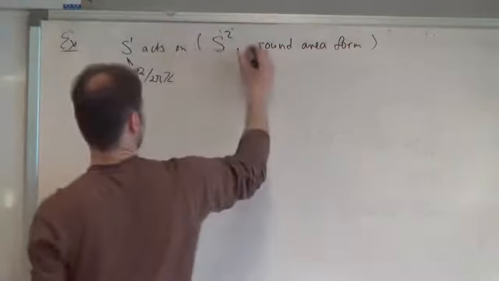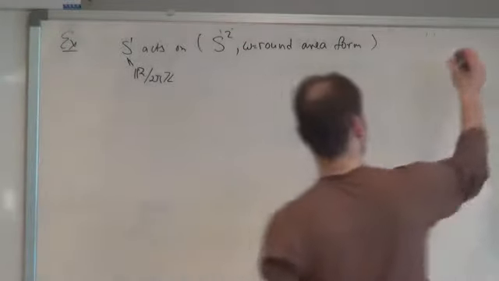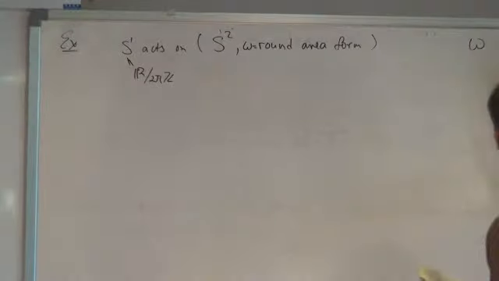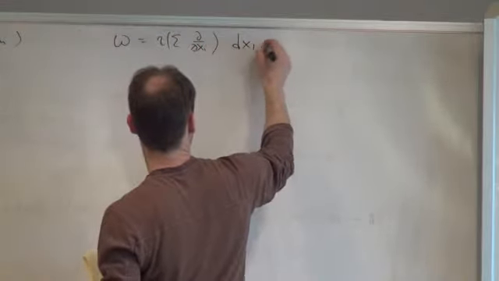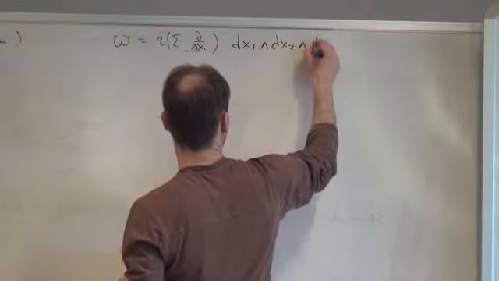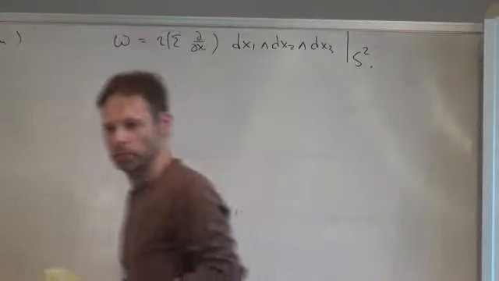So the symplectic form that I want to take is just, well, let's see, I can take the contraction of dx1 wedge dx2 wedge dx3 with the radial vector field and restrict it to S2.